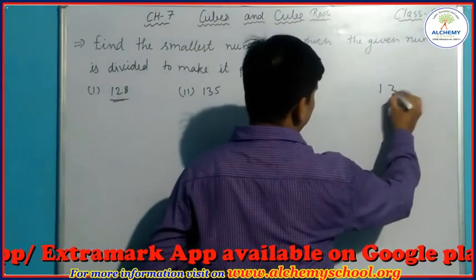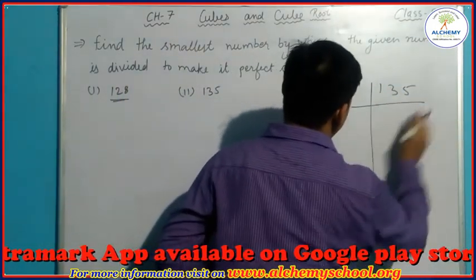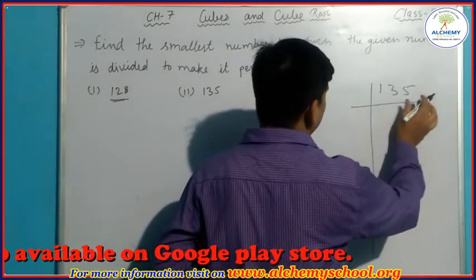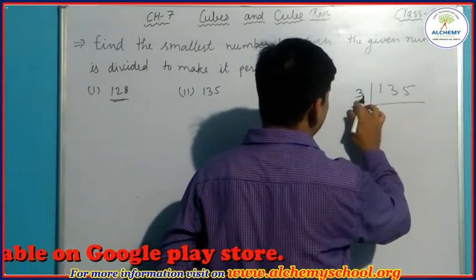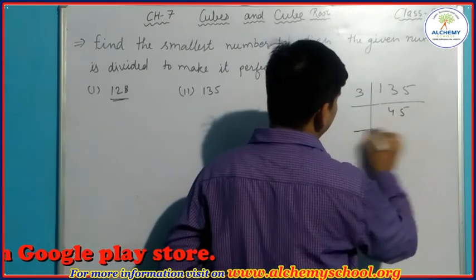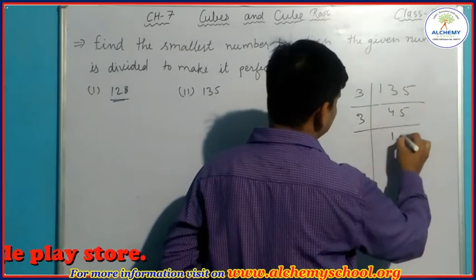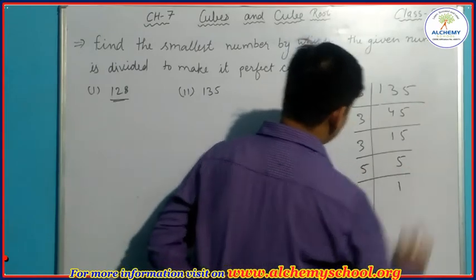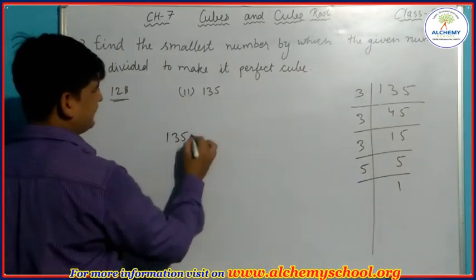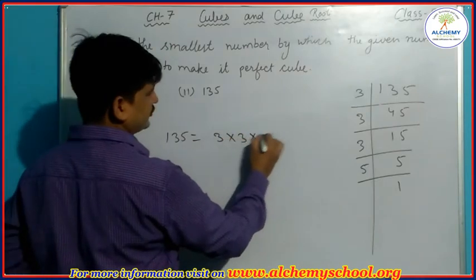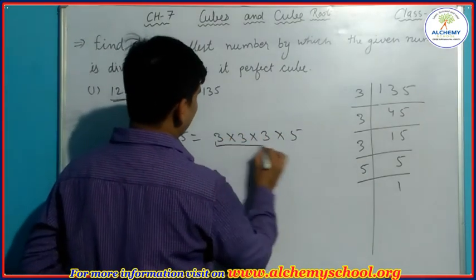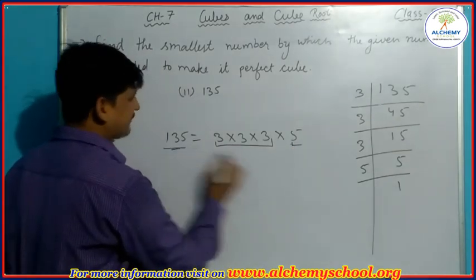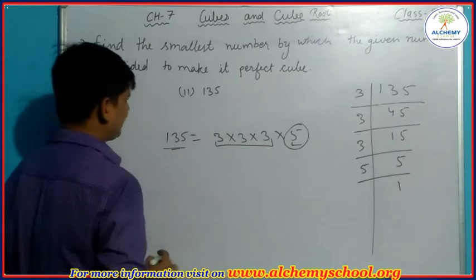When we factorize 135, we can see this 135 is an odd number, so we cannot divide it by 2, but we can divide it by 3. 3 4s are 12, 3 5s are 15, and 5 1s are 5. So 135 can be written as 3 into 3 into 3 into 5. One group we can make for 3, but we cannot complete the group of 5. So 135 will be divided by 5 to make it a perfect cube.